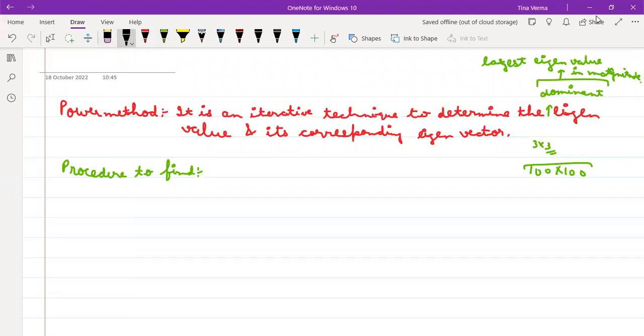So the first step is that you can start with any vector, because this is an iterative technique. If you remember, we always start with an initial approximation. So start with an initial approximation of the dominant eigenvector.